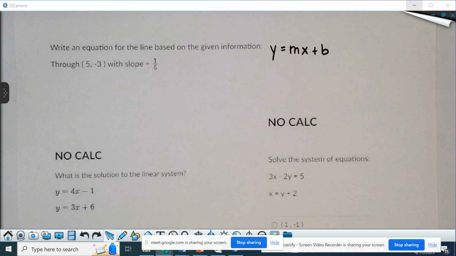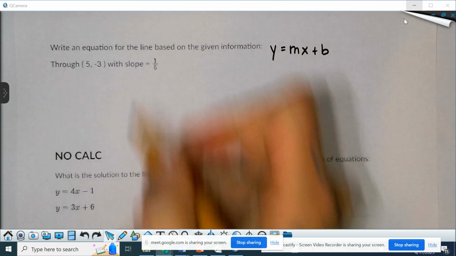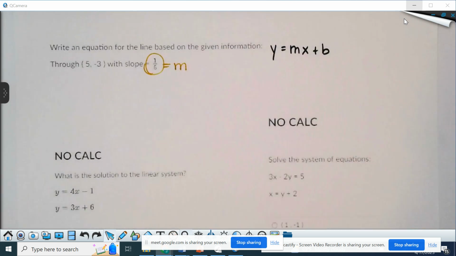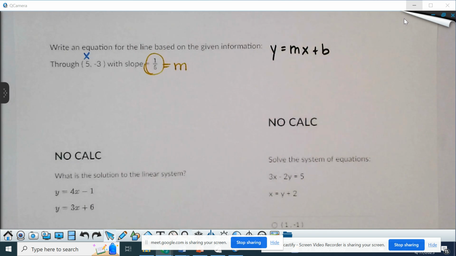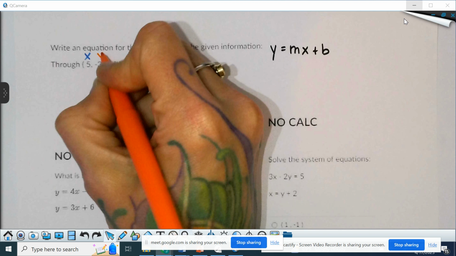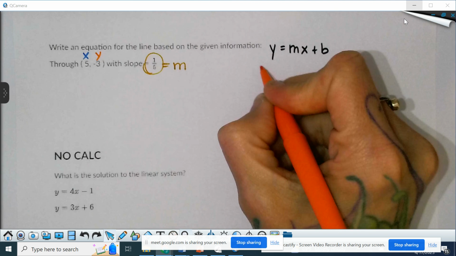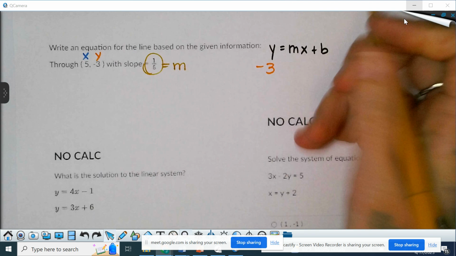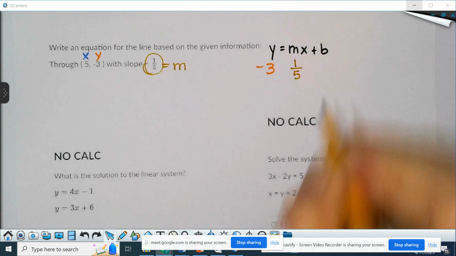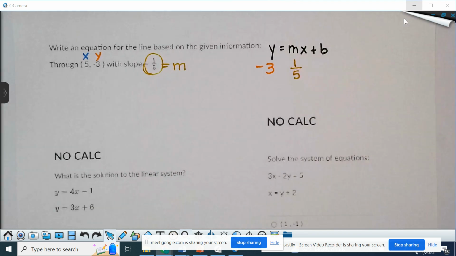Exactly. So I have my slope, which is my m. I have an x, and I have a y. So I'm going to plug those in. So -3. My slope is 1/5, which, don't panic. And our x value is going to be 5.